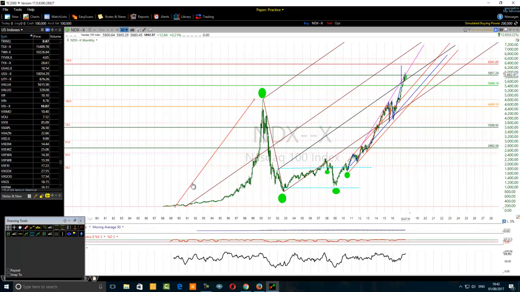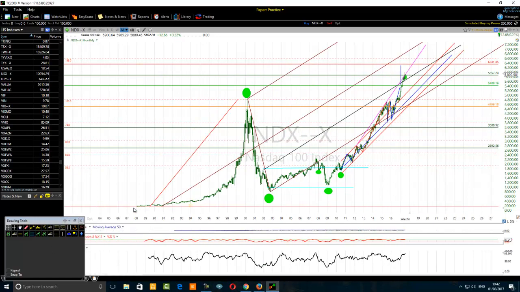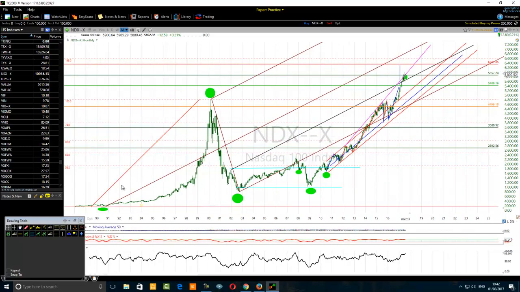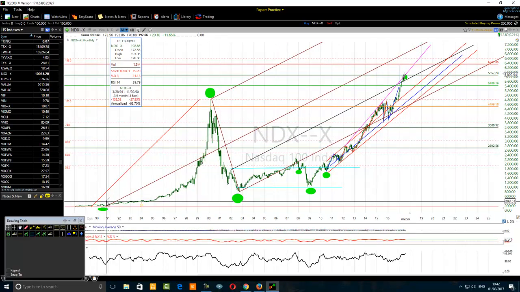So how did I draw my pitchfork tool? By connecting this point here. So somewhere, hold on please, traders. Connecting the low of October 1990, the low of the month of October 1990, if you can see on your chart, hopefully you will see it. If not, it's time to look for better trading software.